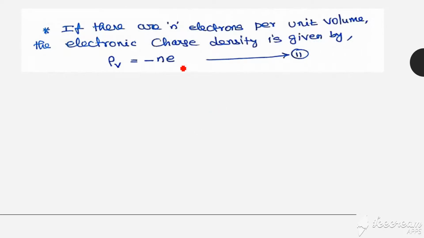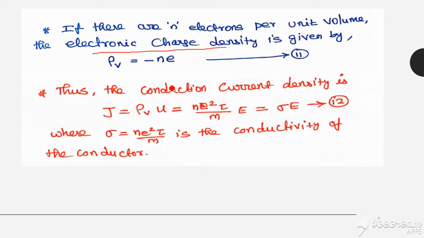So there are n number of electrons per unit volume. The electronic charge density is given by rho v is equal to minus n e, thus the conduction current density J is equal to rho v into u. Simply replace rho v and u value.